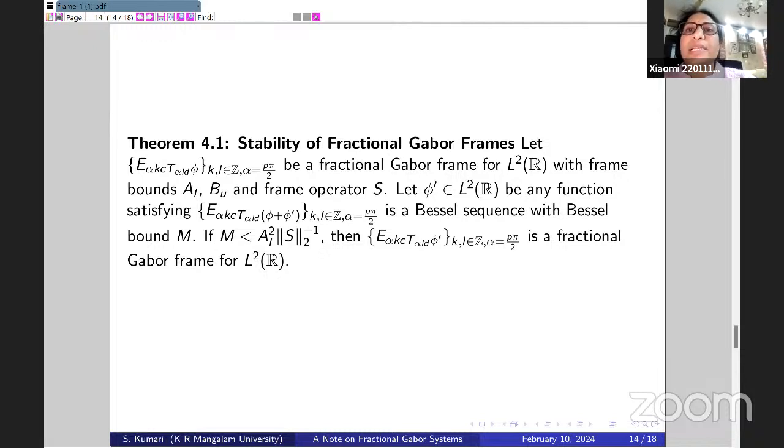Let E_{αk} T_{αl} φ, where k and l are integers and α is pπ/2, be a fractional Gabor frame for L2(R) with frame bounds A and B and frame operator S. Let φ' belonging to L2(R) be any function satisfying this condition, and this is a Bessel sequence with Bessel bound M, where M is less than A squared and the norm of S inverse. Then E_{αk} T_{αl} φ', where k and l are integers and α is pπ/2, is a fractional Gabor frame for L2(R).